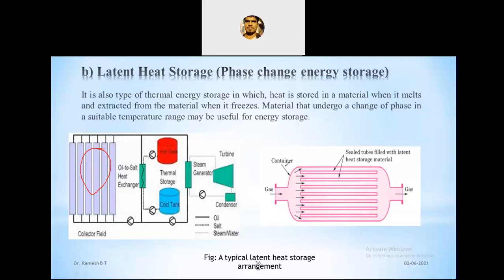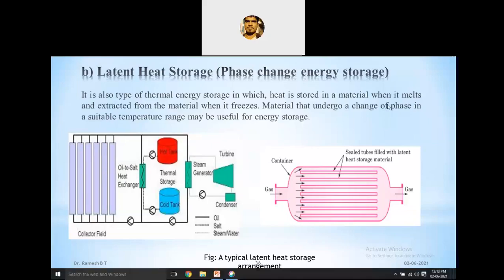So this is one typical heat exchanger. Here the gas is completely surrounded by sealed tubes filled with a latent heat storage material. These are the filled tubes. Here the latent heat is stored. On one side the gas is in and the gas is out, and the stored energy flows along the tubes, which are completely surrounded by the gas.